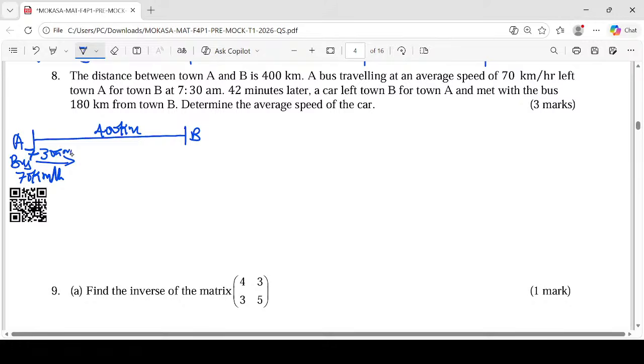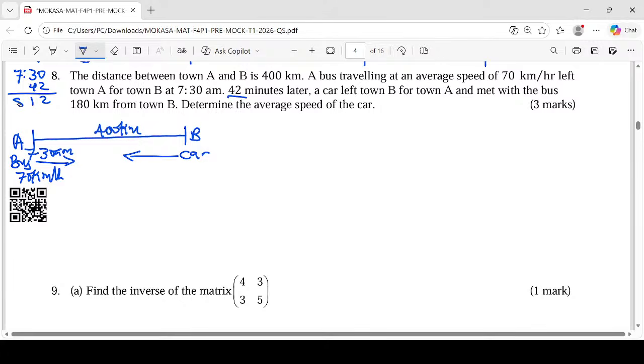7:30 a.m. 42 minutes later, a car left town B for town A. We also have a car which left town B for town A 42 minutes later. What is 42 minutes later? When you take 7:30 and add 42 minutes, this will be 7:72. You subtract 60, which gives 12.